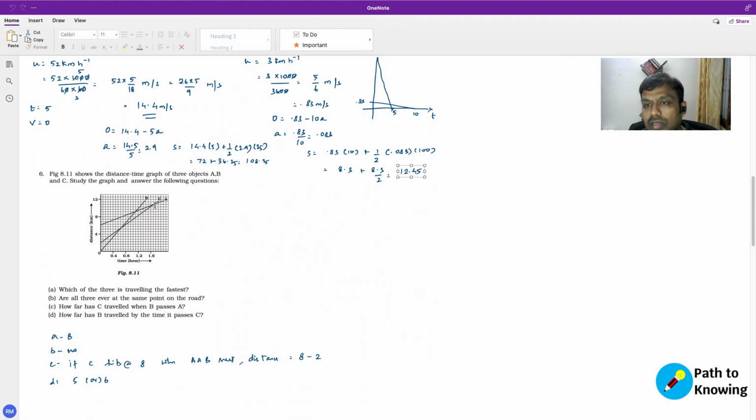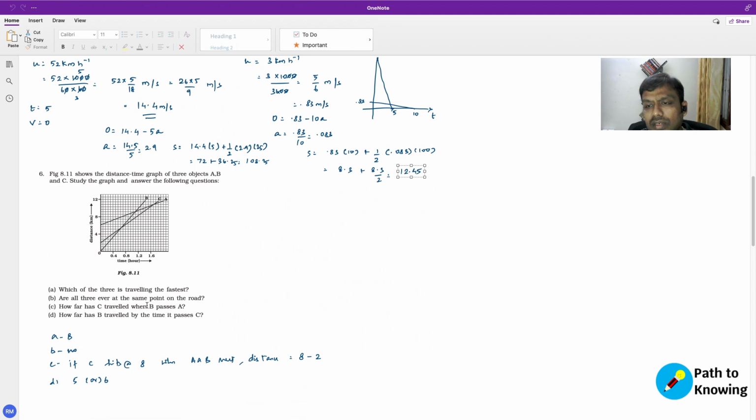And here also you see that cars A and C were together at this point in time. Although they traveled at a different speed, somehow they caught up and they were at the same position. And here is when you have cars A and B to have met. Right? There is no point in this whole graph wherein all the three lines intersect, which means that none of the cars actually were at the same point on the road at any time.